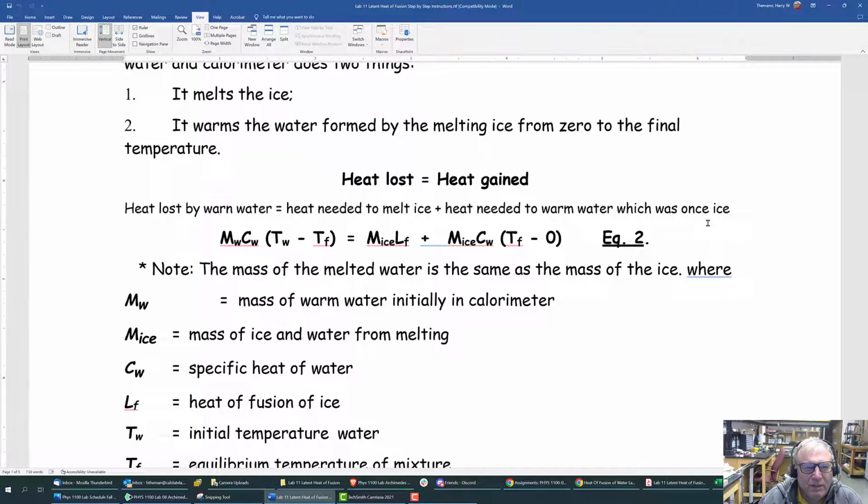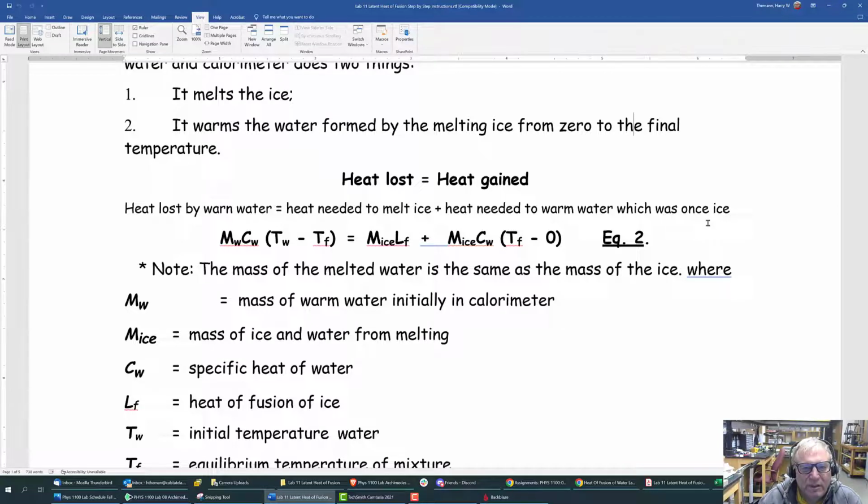If we have the mass of the water and the specific heat of the water, which we know about, and we know the temperature change, that gets us the Q of what the water lost, because the temperature is going to go down.